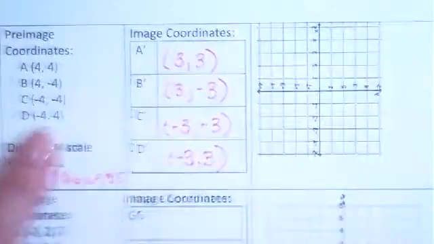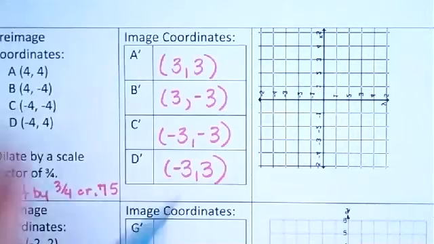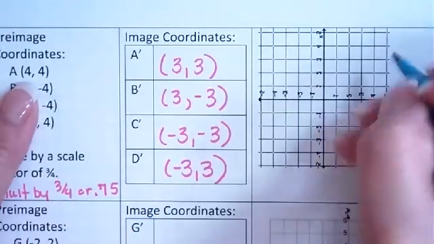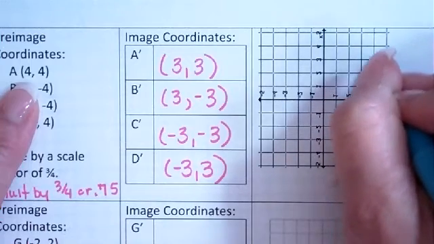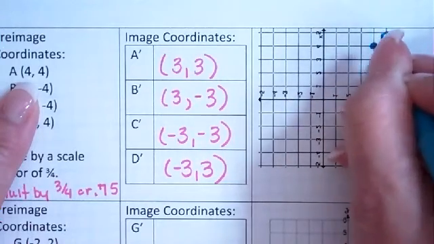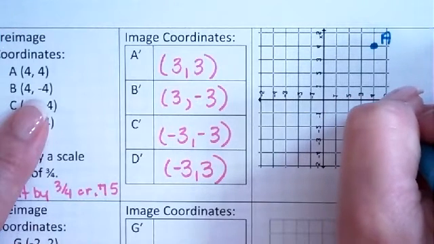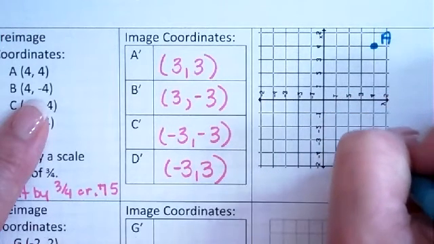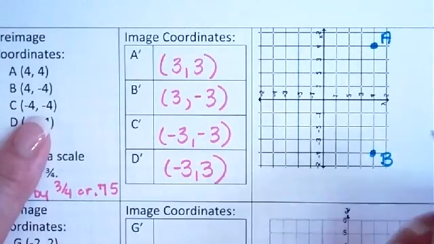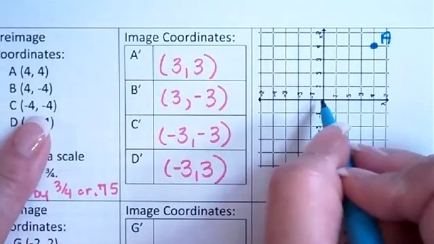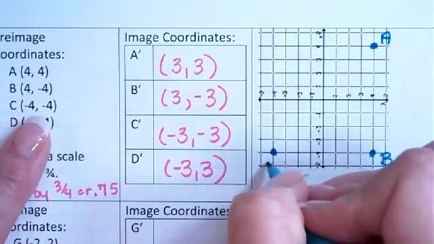Okay, now the next thing for me to do is just to graph. So let's graph our pre-image right here. A is at 4, 4, so that's to the right 4 and up 4. And there's A. B is at 4, -4, so that's to the right 4 and down 4. And there's B. C is at -4, -4, so that's to the left 4 and down 4 right here.